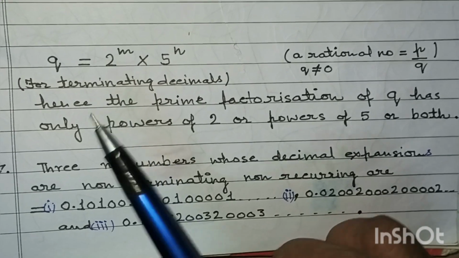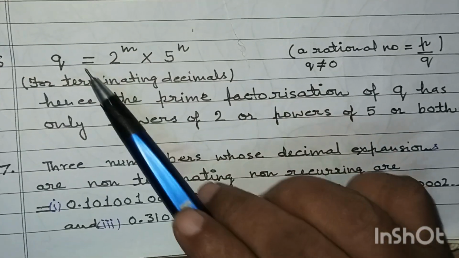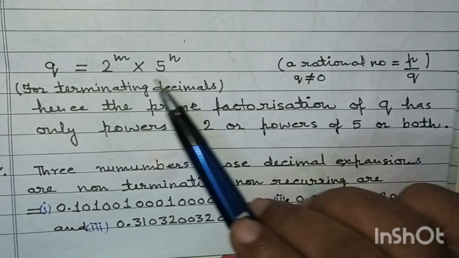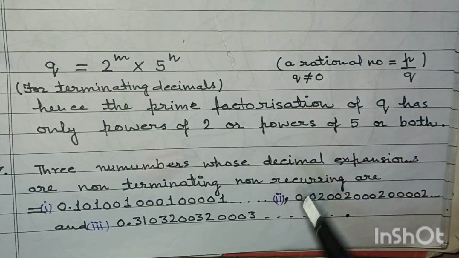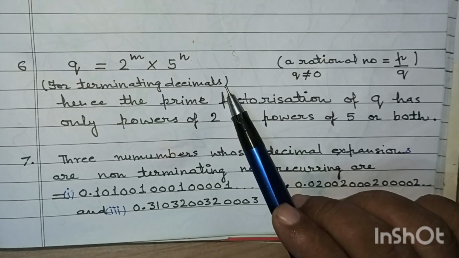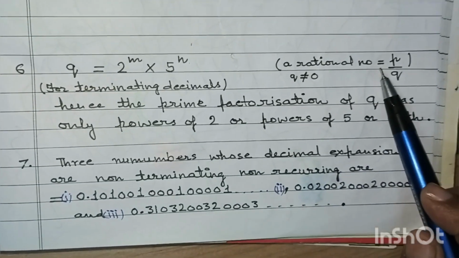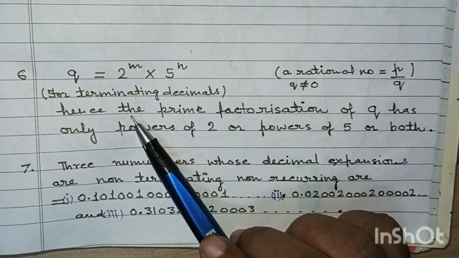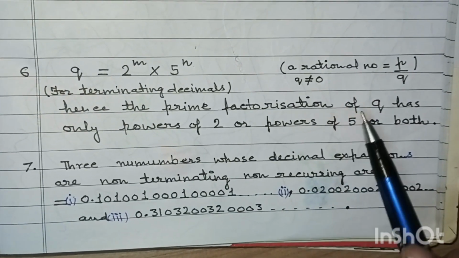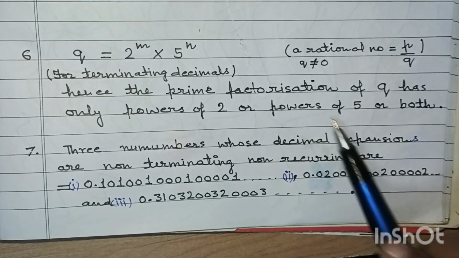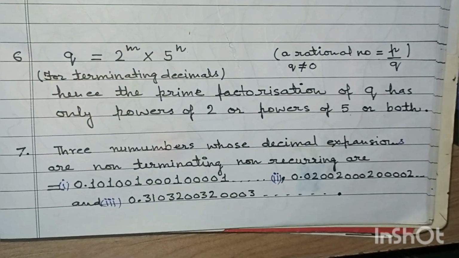Answer 6. q equals 2 to the power m multiplied by 5 to the power n. q is the denominator. For terminating decimals, a rational number equals p by q, where q is not equal to 0. Hence, the prime factorization of q has only powers of 2 or powers of 5 or both.